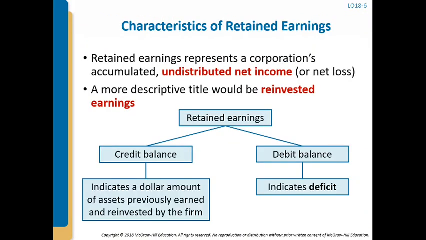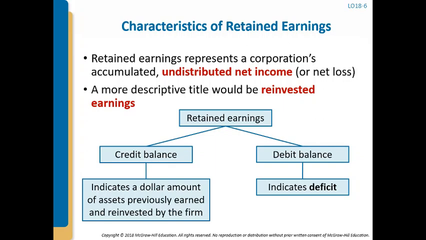All right, retained earnings, what is it? Well, for most companies, that amount's going to be a credit balance, which means that you have positive cumulative retained earnings from prior periods. Now, if you have a debit balance, that means that you have prior cumulative losses in retained earnings.